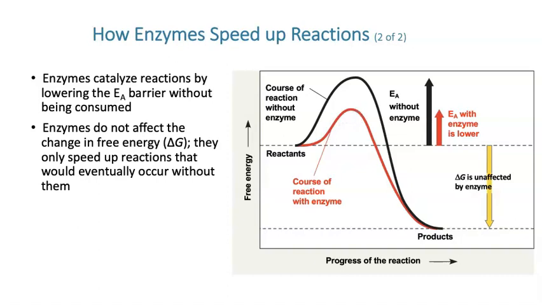So the energy of activation is less, or we say that the enzyme lowers the energy of activation of a chemical reaction. That means they speed up a reaction that would normally not occur as fast without them.